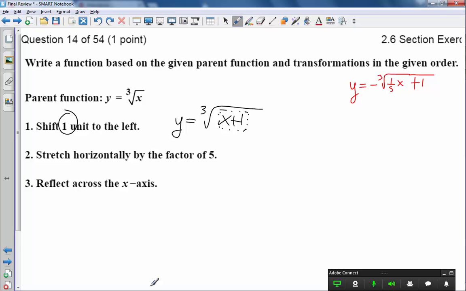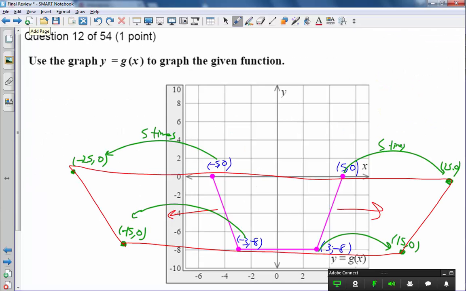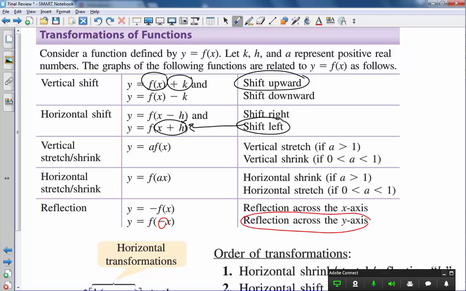Okay, next. We are taking this and applying another transformation, but it's a stretch. There are two kinds of stretch, vertical and horizontal. This one is horizontal. We've done this in the previous trapezoid question, right? We stretch it horizontally, so you know what's going to happen.